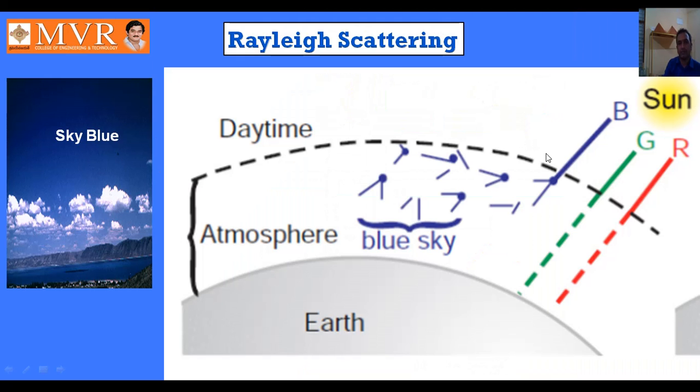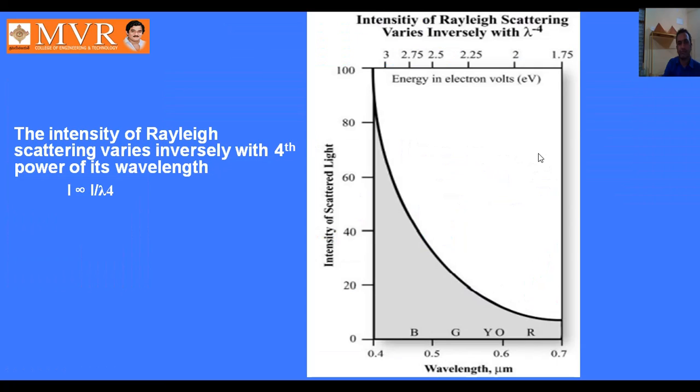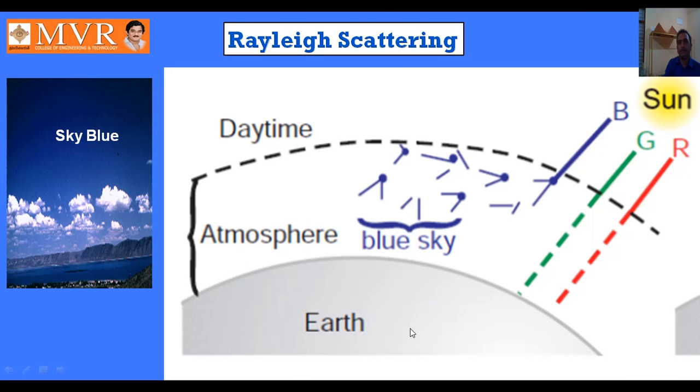Here I represents the intensity of scattered light. Red and green have high wavelength, but blue has low wavelength. That is why blue is scattered more. Shorter wavelength is scattered more. That is why the sky appears blue in daytime.